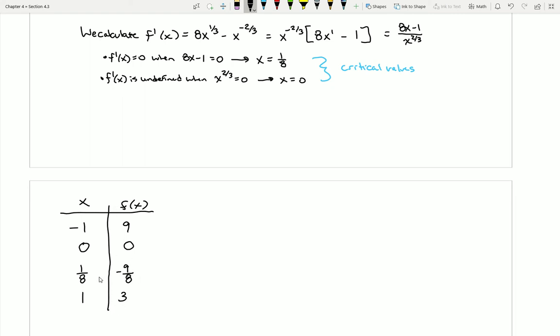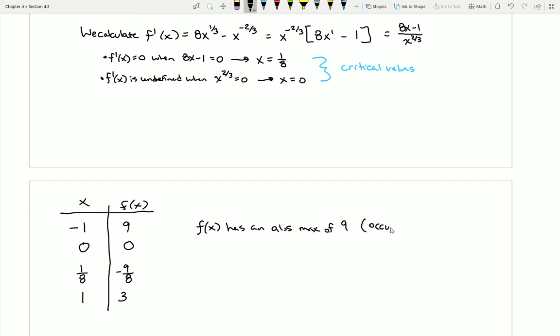Now I know these are the only x values that could possibly create mins and maxes for the graph. And now I can see which one is biggest and which one is smallest. Super simple. So we can state here that f of x has an absolute max of, let's see, 9. 9's the biggest out of all the options.